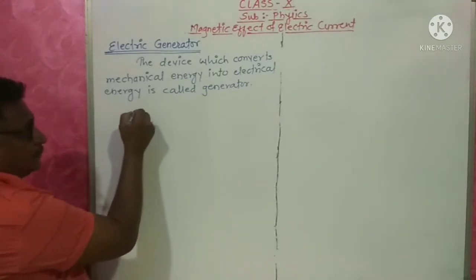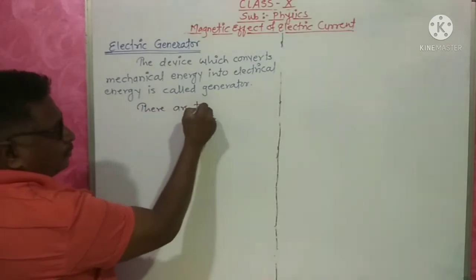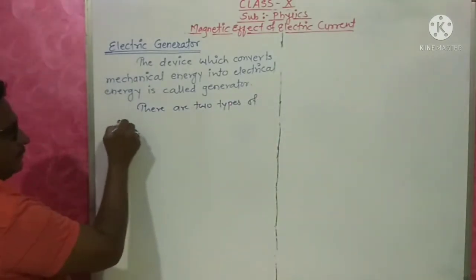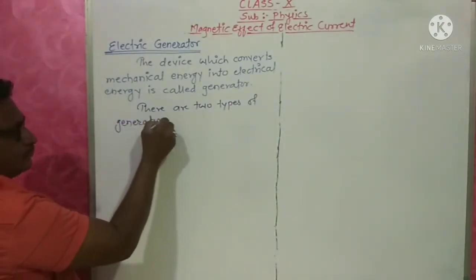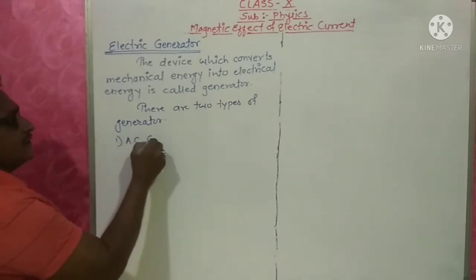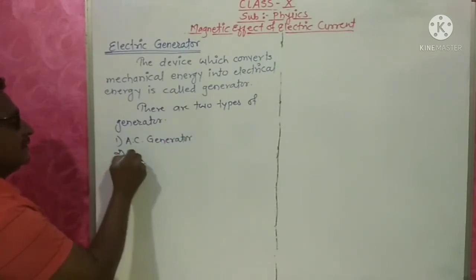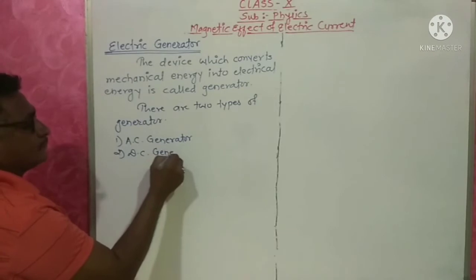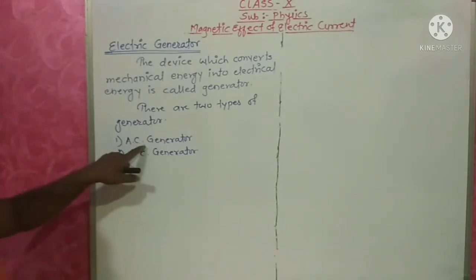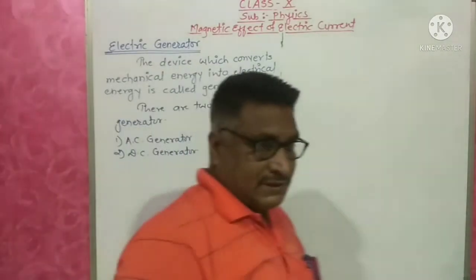There are two types of generator. Which are the two types? First, AC generator, and second, DC generator. What is the difference here?